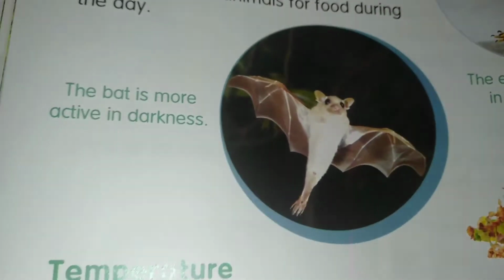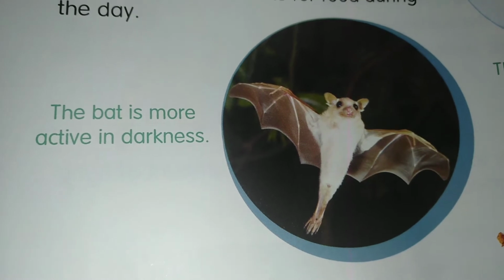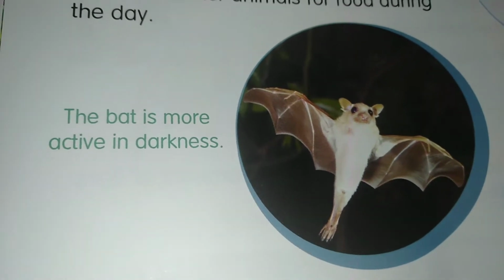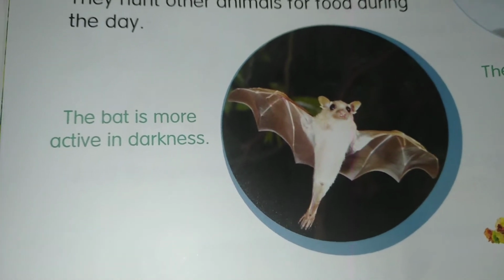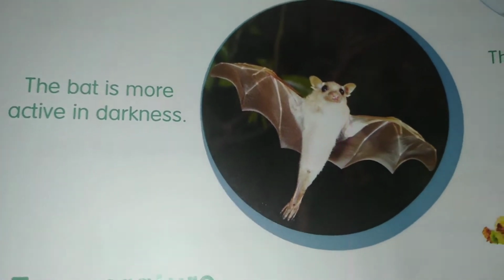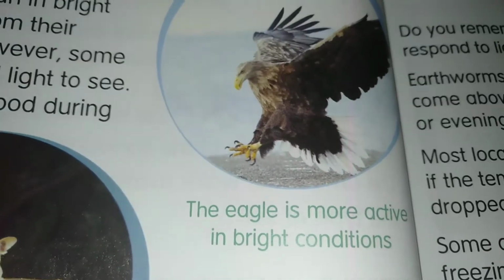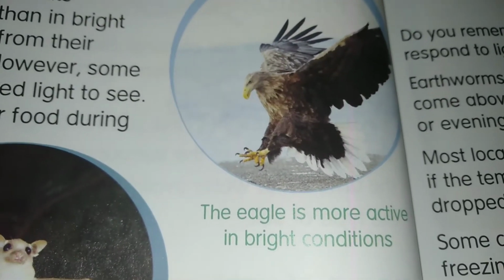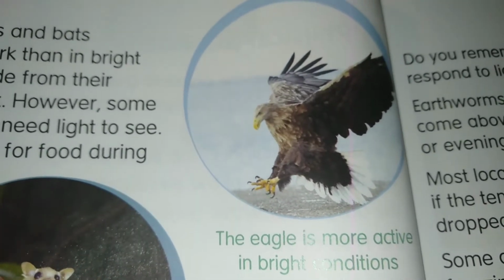How about the bats? The bats are more active in darkness, so that's why they go out in the evening, unlike the eagle that goes out when it's already day and there is sunlight.